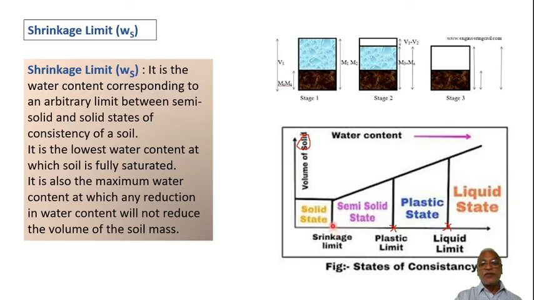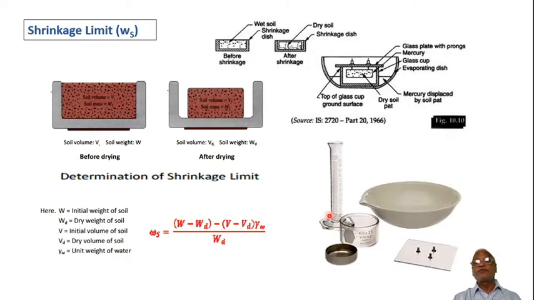But at this particular point, if you decrease the water content, volume will not decrease. So it is the maximum water content at which a decrease in the water content will not cause any decrease in the volume. Very interesting. If you can understand, it's well and good, right? Please discuss with your friends if you don't understand, but make sure that all these limits are properly understood, especially the shrinkage limit. Okay, we'll go to the next slide.